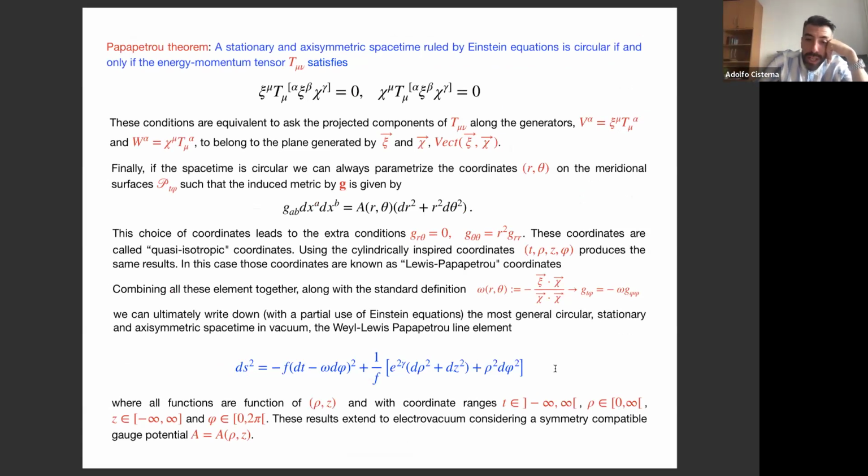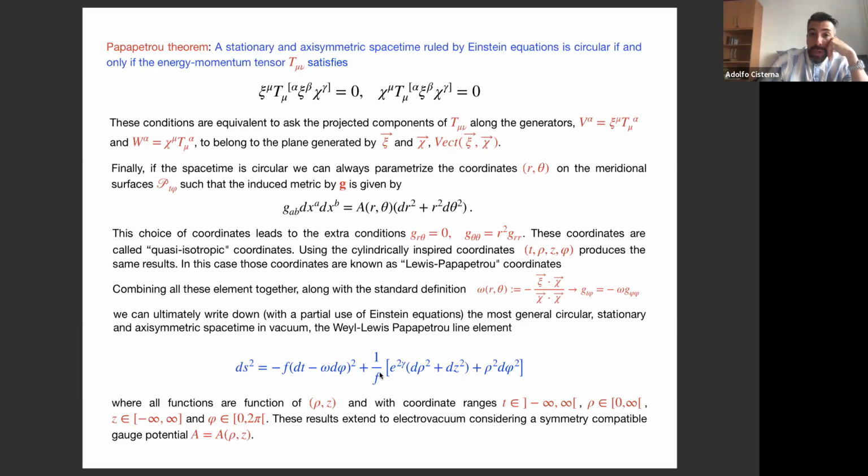What you arrive at is the so-called Weyl-Lewis-Papapetrou line element, the most general spacetime you can have that respects stationarity, axisymmetry, and circularity. I wrote it here in coordinates rho and theta for the non-Killing ones, because this cylindrical symmetry is going to be very useful when dealing with the Einstein-Maxwell equations written in the Ernst fashion. But in principle, rho and theta can be any other pair of non-Killing coordinates. It might be spherical-like, r and theta, or whatever.